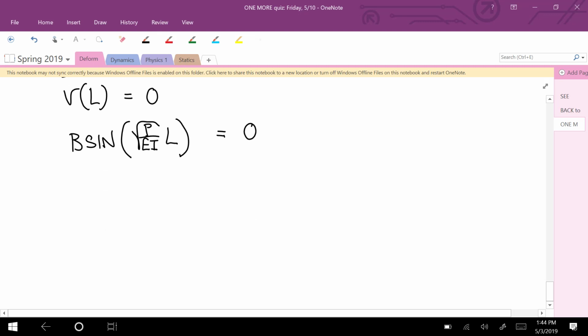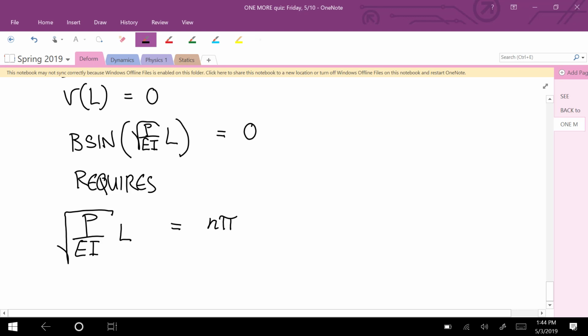So you can think of this as requiring that the square root of P over EI times L is equal to N pi, where N equals 0, 1, 2, and so on.